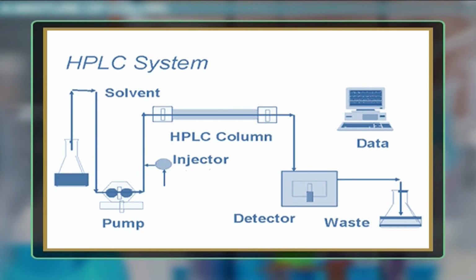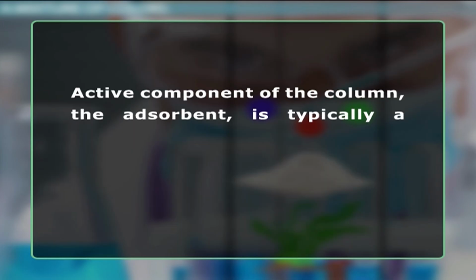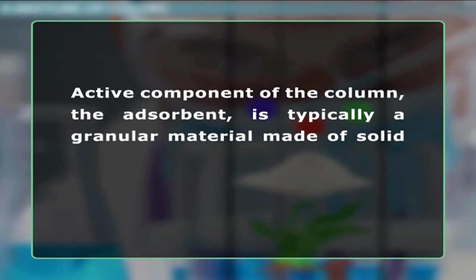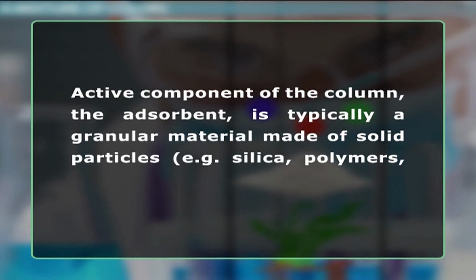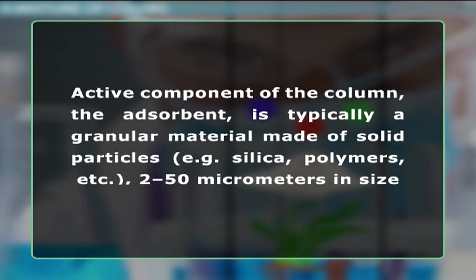Chromatography can be described as a mass transfer process involving adsorption. HPLC relies on pumps to pass a pressurized liquid and a sample mixture through a column filled with adsorbent, leading to the separation of the sample components. The active component of the column, the adsorbent, is typically a granular material made of solid particles, for example, silica, polymers, etc., 2 to 50 micrometers in size.